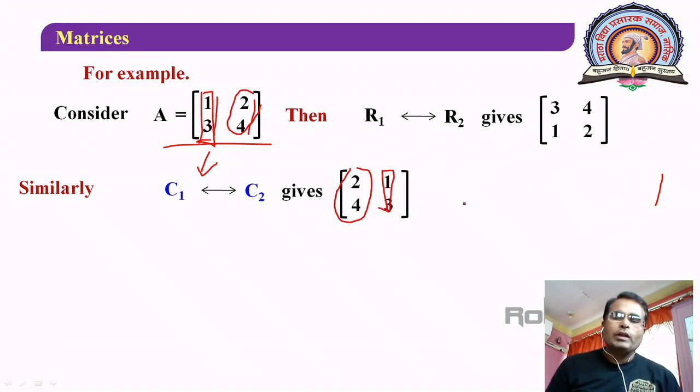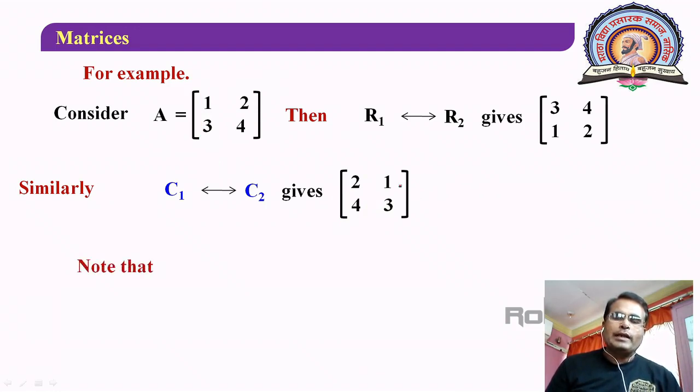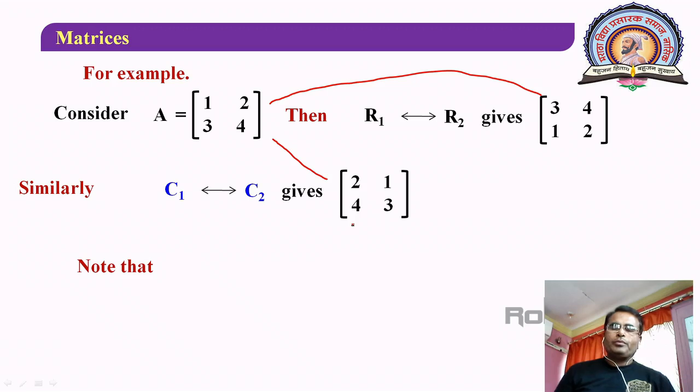This way we can consider the interchange of columns. Now the speciality of this is that the matrix A gives you this matrix due to the first and second row change, or the matrix A gives you this matrix due to the change of first and second column.